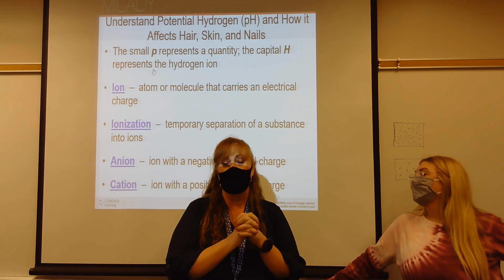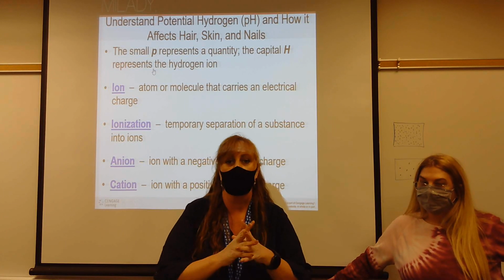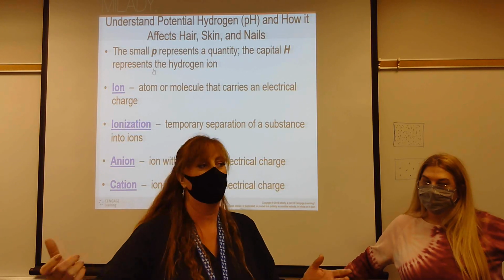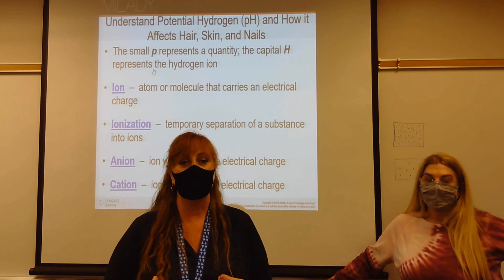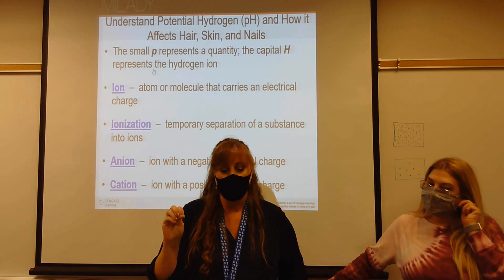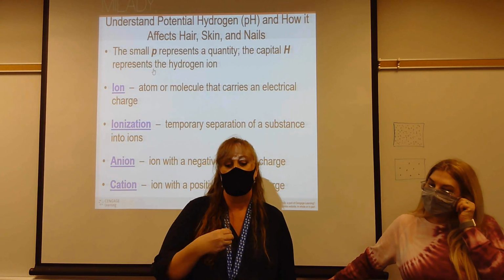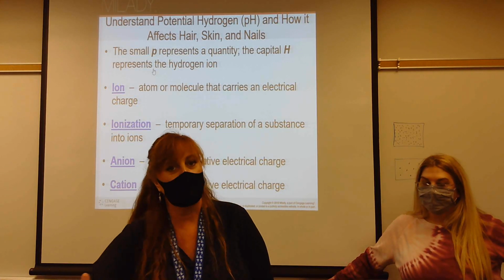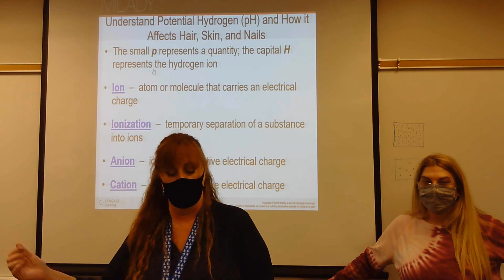And the H represents the hydrogen ion. An ion is an atom or a molecule that carries an electrical charge. You will see those ion hair dryers and different things. All it means is that the hydrogen molecule carries an electrical charge. Ionization is the separation of a substance into ions, electrically charged molecules.